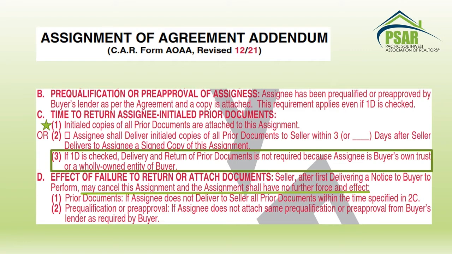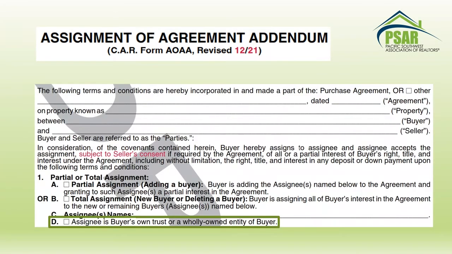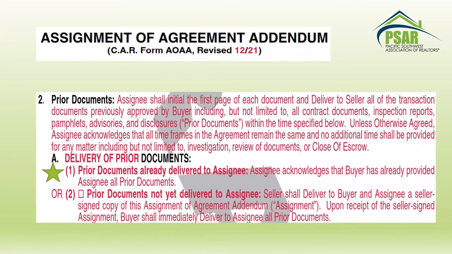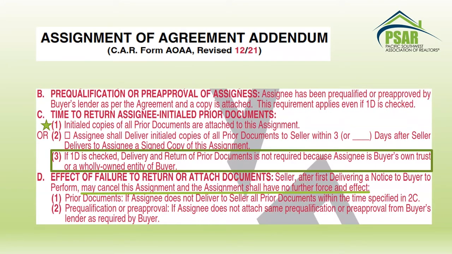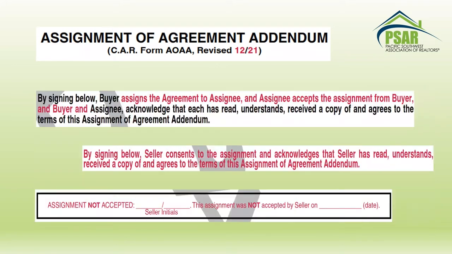And then C3, that's where what was added about that wholly owned entity, where I gave the example of my own corporation. If 1D is checked, and that's this one up here, that's where assignee is buyer's own trust or wholly owned entity of buyer. If that is checked, delivery and return of prior documents is not required because it was my signature anyway.